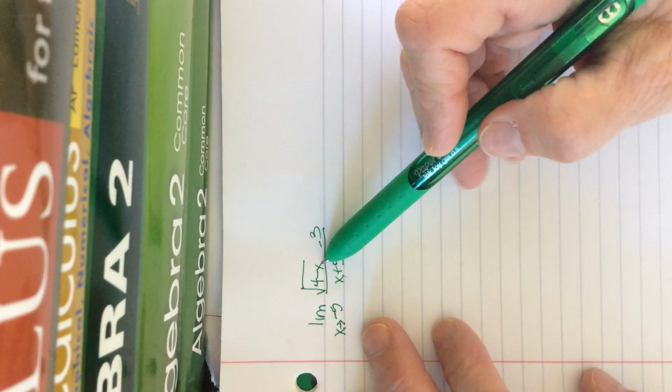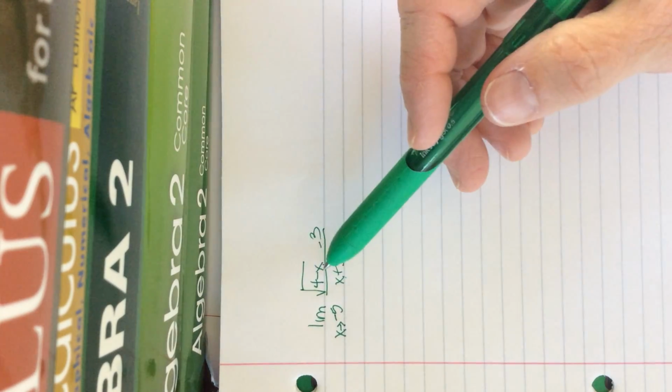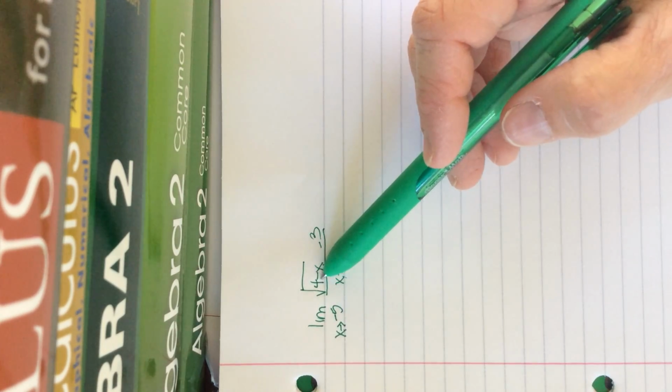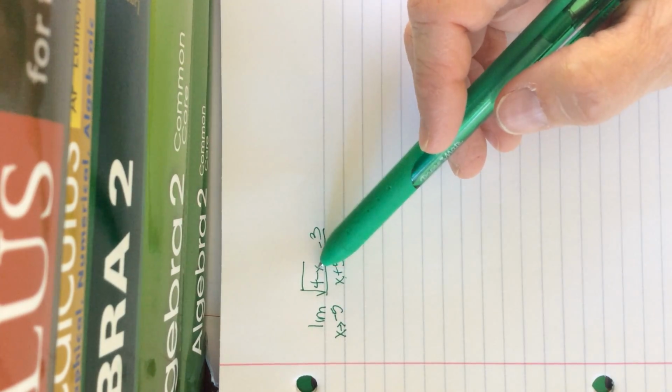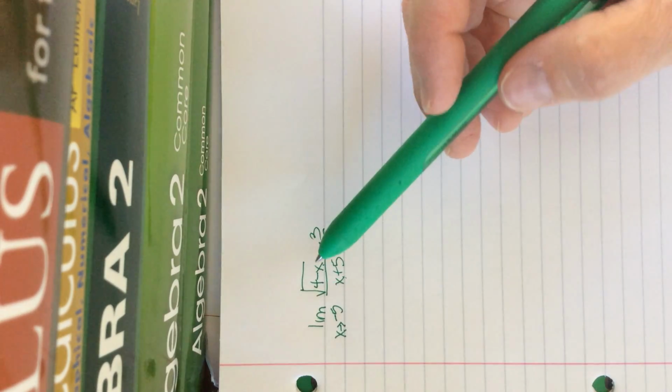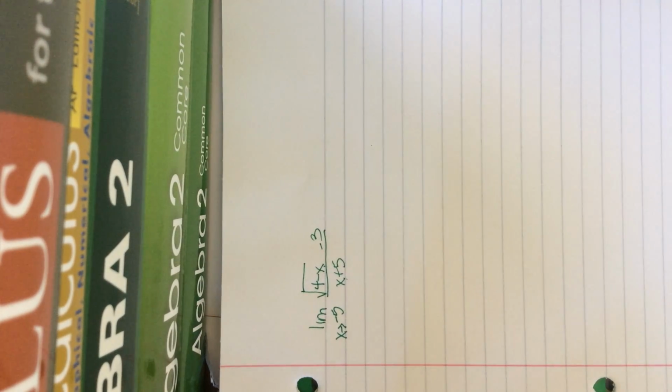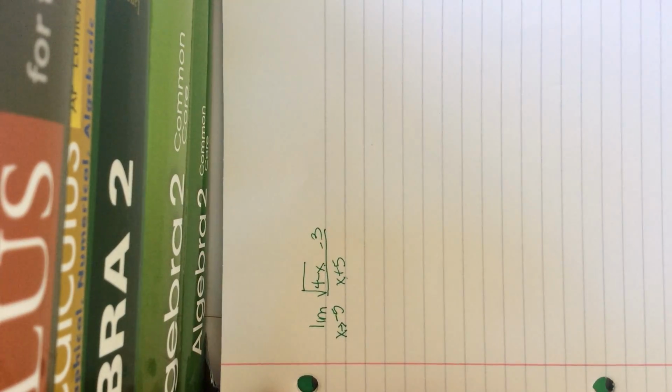So I'm going to see what happens with the numerator if I substitute negative 5. 4 minus the negative 5 would give us the square root of 9, which is 3, and 3 minus 3 is 0. So we do get 0 over 0. So L'Hopital's rule can be used on this example.